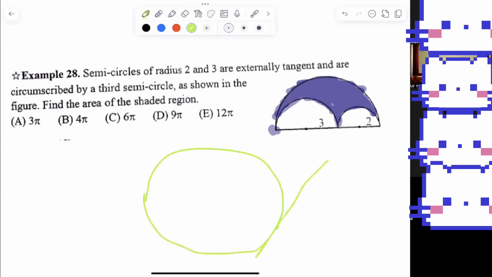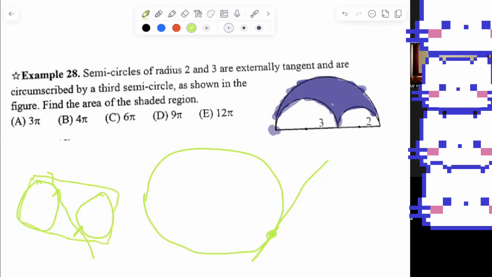You can just call it tangent, or in circles, if there are two circles and a line that passes through and intersects both at one point, and imagine there's a rectangle over here, if it goes inside the rectangle, it's internally tangent.